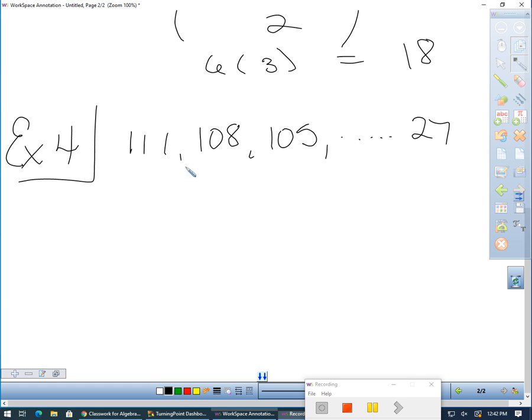So we've got to figure out what to do, right? Our last term is 27. I got it. What is it? 37. Think so? Yeah, that's what I think. Okay, well let's calculate it and find out. Our first term is 111 plus n minus 1 times the difference, which is negative 3.